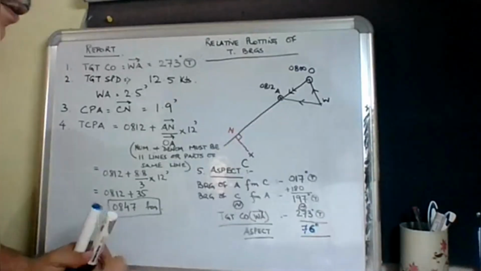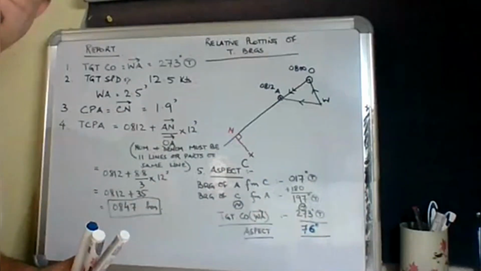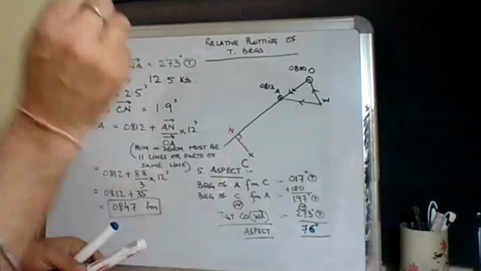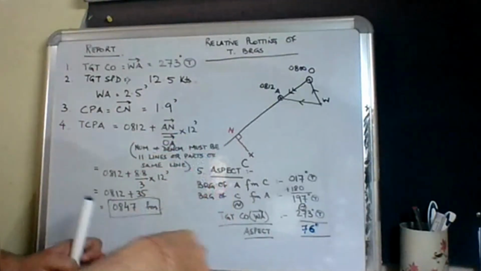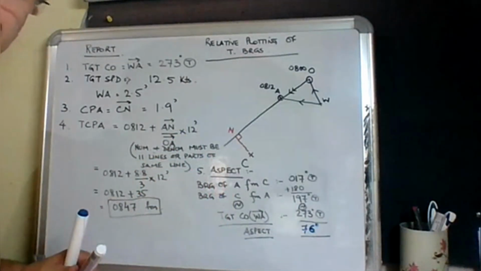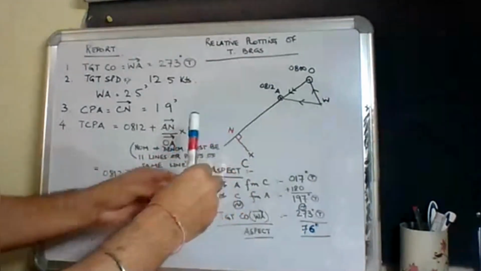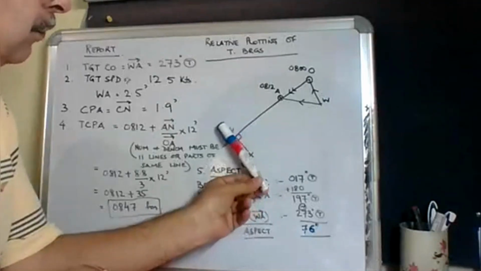Now I have to name it. So for naming, there are two ways to do it. How to name it? One is put yourself on Charlie on your heading of 340.